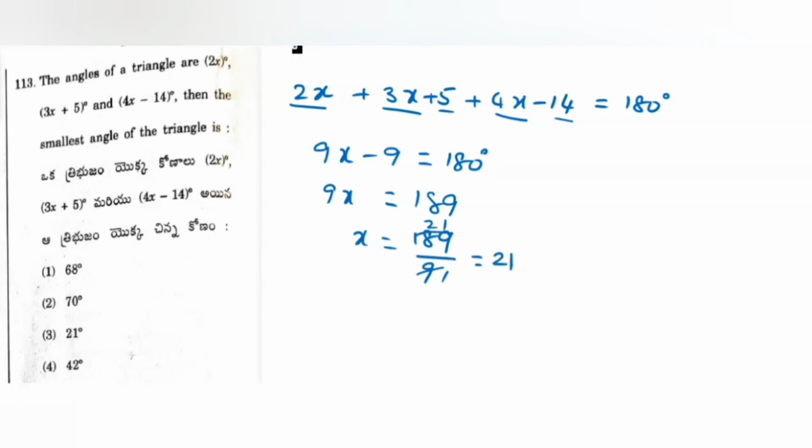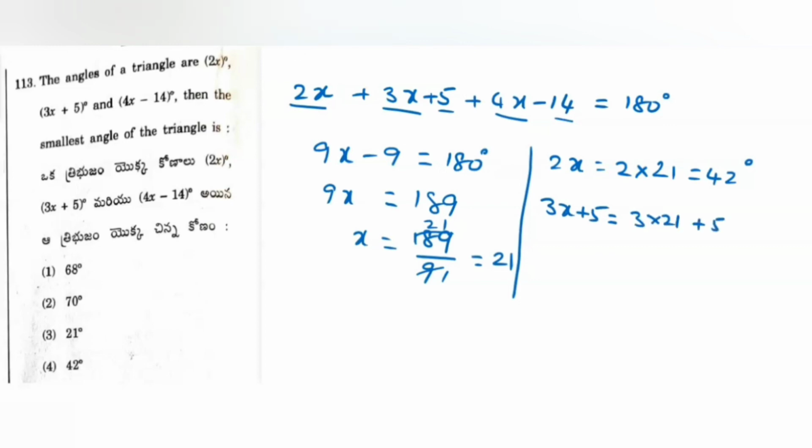So if x is equal to 21, let us find all the three angles now. We need to find which is the smallest angle. Let us see, 2x means 2 into x, 2 into 21, that is 42 degrees. And the second angle 3x plus 5 will definitely be more than this because 3x is there. 3 times 21 plus 5 gives you 63 plus 5, which is 68 degrees.